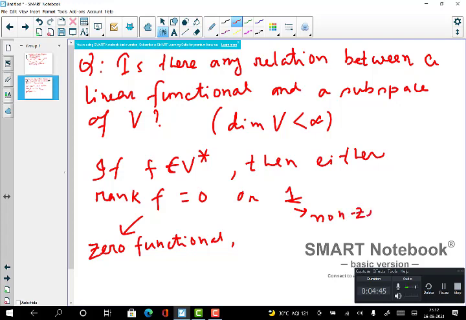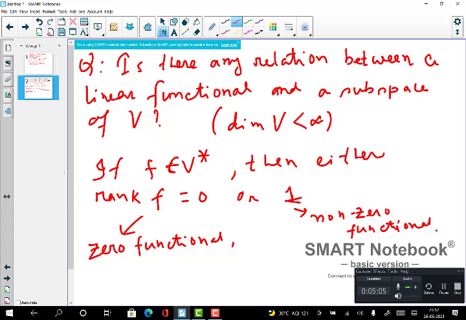Non-zero functional means that it cannot send every element to 0. There must be some non-zero element whose image is non-zero also. Okay, non-zero functional. There are two options, right? 0 or non-zero.